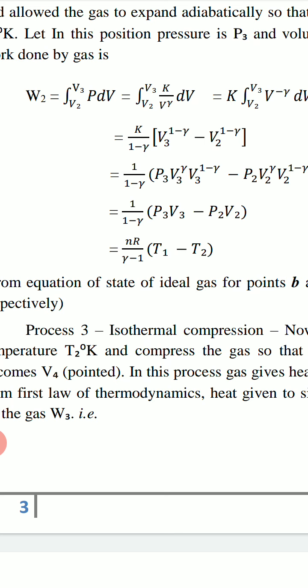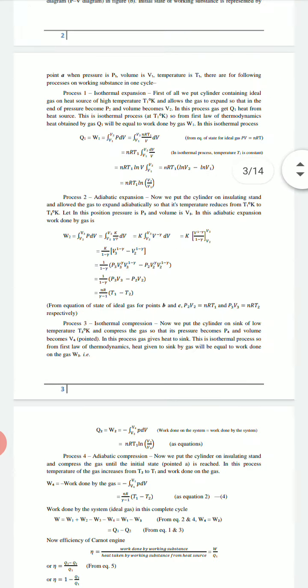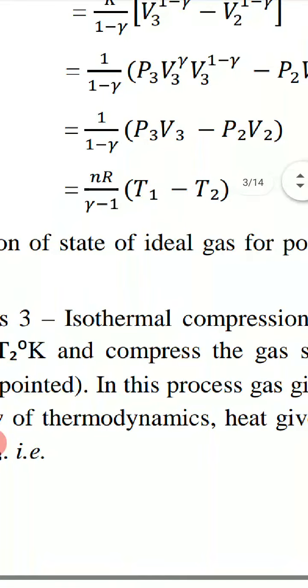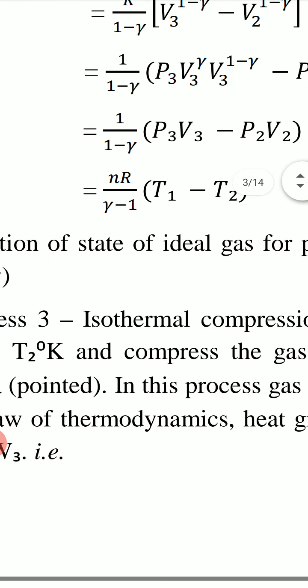Here we have multiplied by minus 1 in numerator and denominator, so that the denominator becomes gamma minus 1, which is positive as gamma is greater than 1. Minus is multiplied in the numerator and also in the denominator, and we get work done W2 equal to nR upon gamma minus 1 (T1 minus T2).